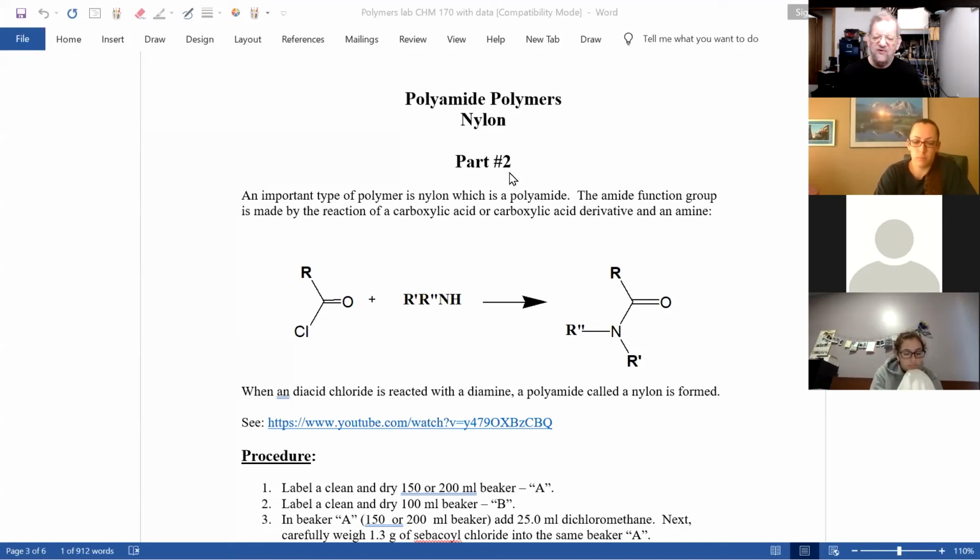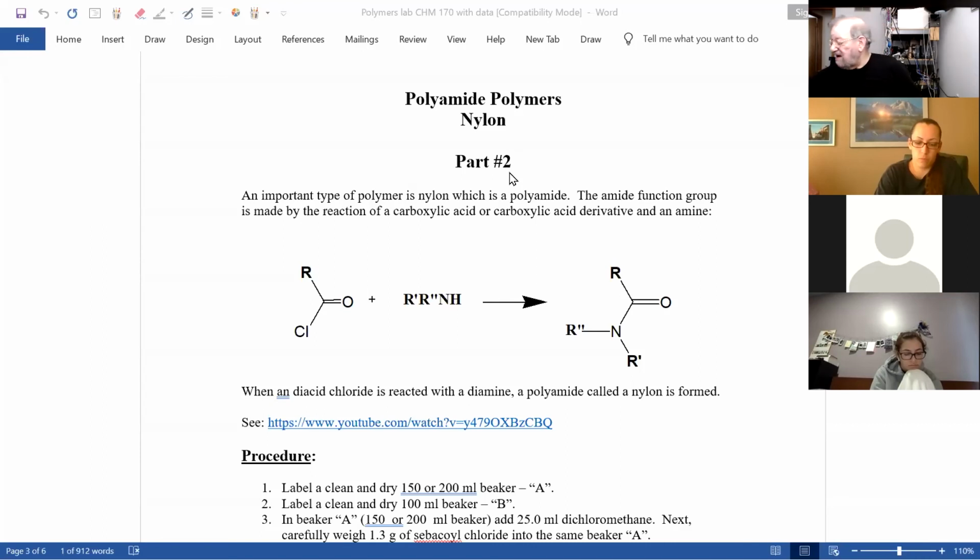Now, you have 2 layers. One where you have the acid chloride and the other, the diamine with some base, because this gives off HCl, and you want that neutralized because amines react with HCl, and you don't want to make amine salts of your diamine because that chews it up.